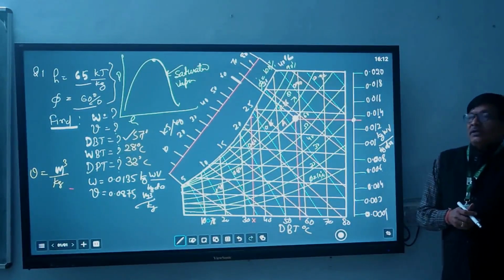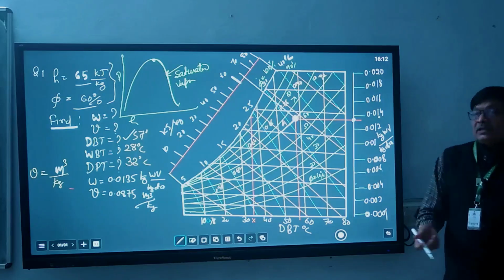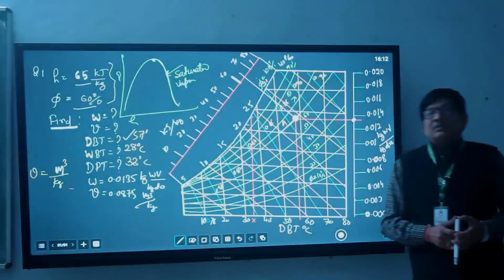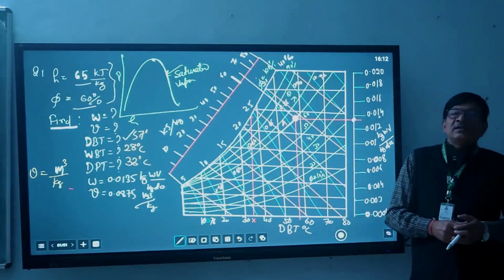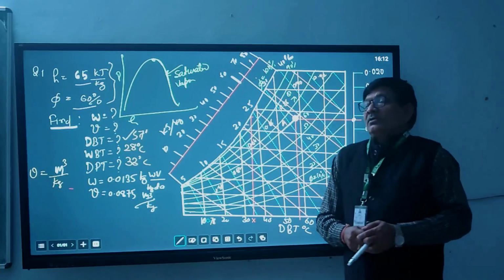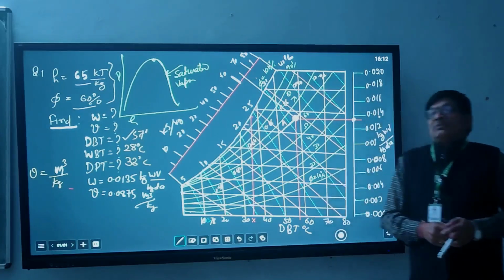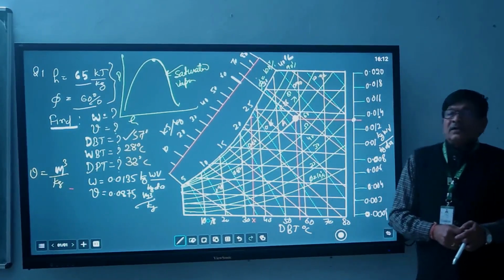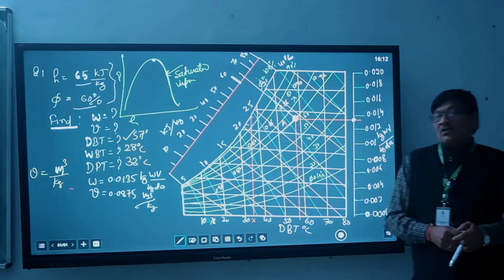All these calculations you can do here. So next topic I will discuss the mixing process, mixing of air in the air conditioning process, and also we will discuss sensible heat factor by defining sensible heat load and latent heat load. So in the next lecture, we will discuss all these things.